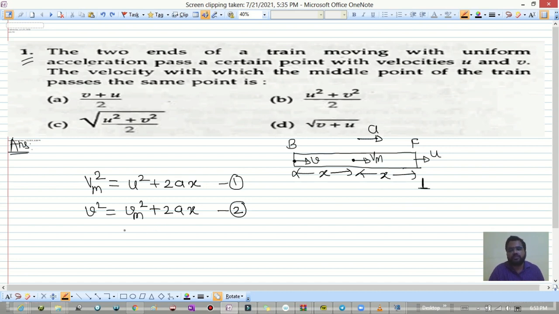Now, from 1 and 2, vm squared minus u squared is 2ax, and that is nothing but v squared minus vm squared, isn't it? So vm squared minus u squared is equal to v squared minus vm squared.